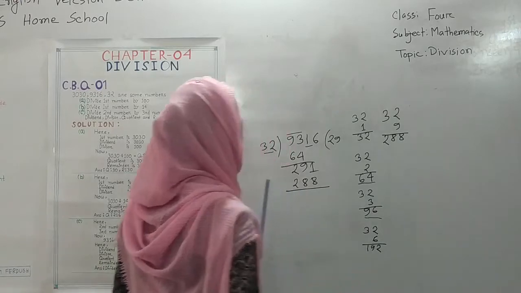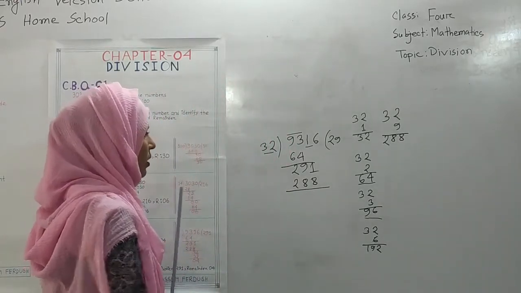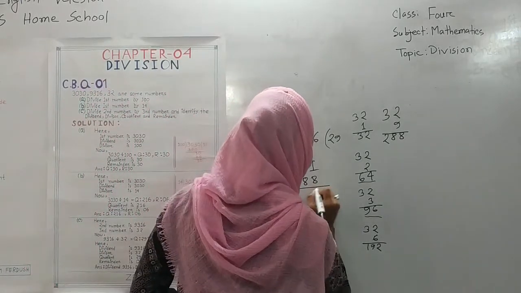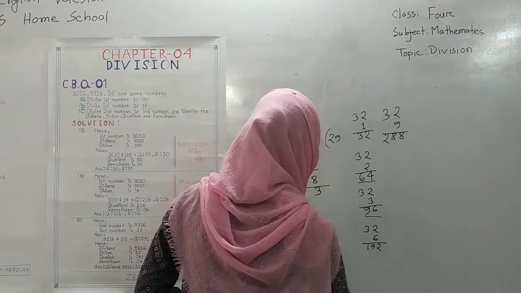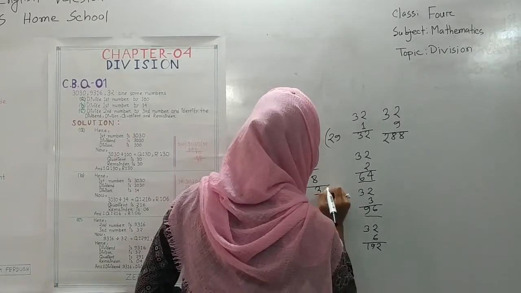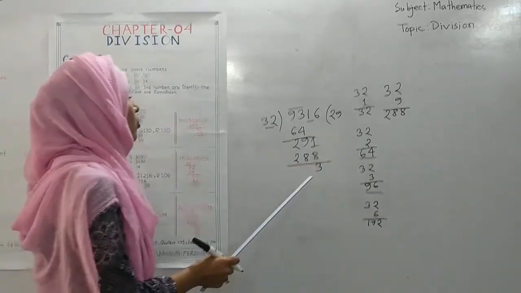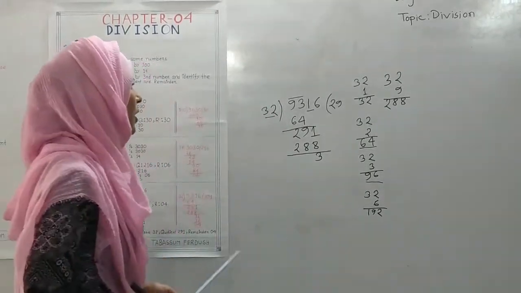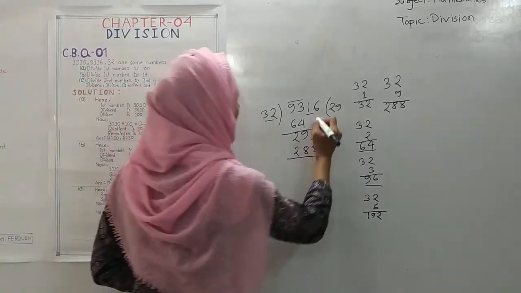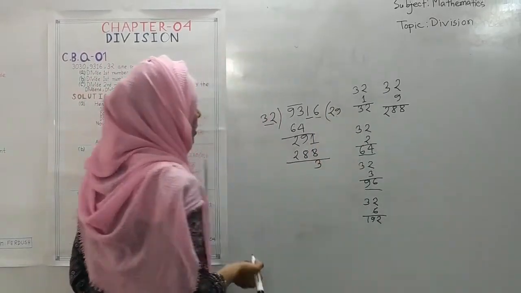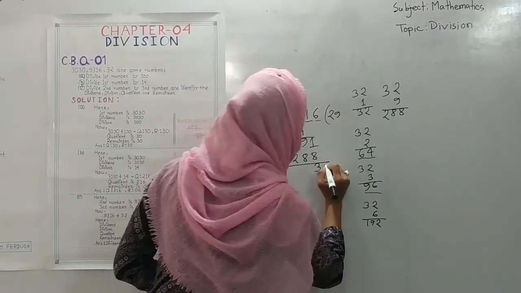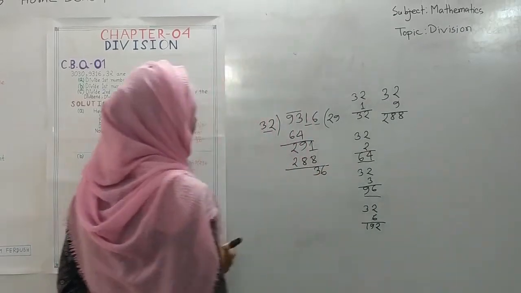Subtract 288 from 291, that is 3. Here 3 is smaller than 32. So then we take the last digit of our dividend, that is 6. Write down here 6.